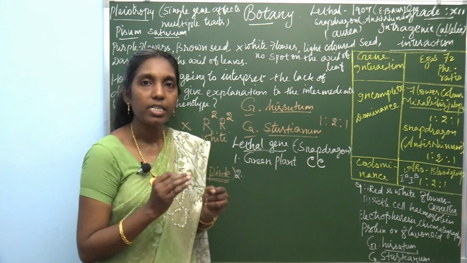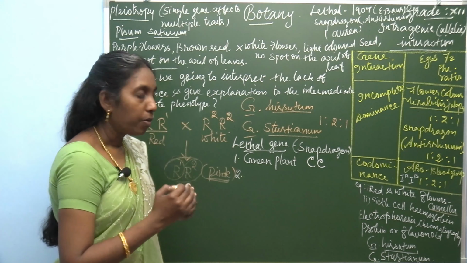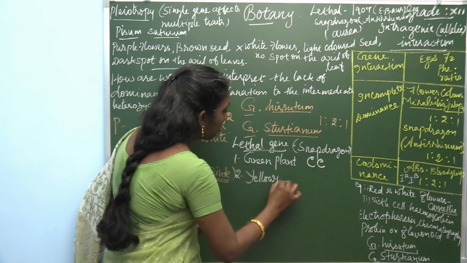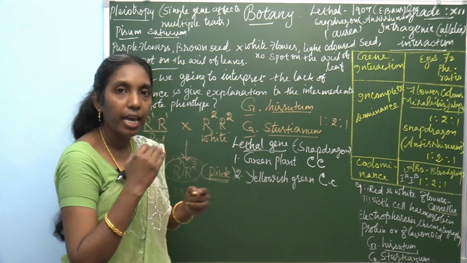We all know the plants which possess chlorophyll. The second type of plant is yellowish green, with carotene. Here the allele is capital C, small c. So it gives the color pale green.